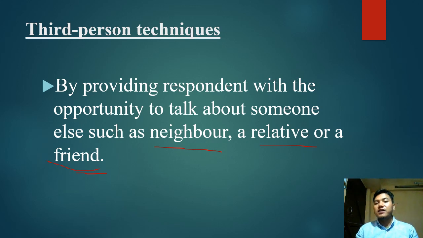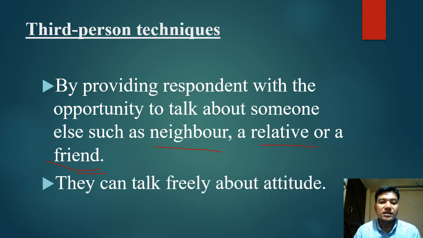Here, the psychologist will ask the respondent about his neighbor or his friends or his relatives, what the situation is going on about them. They can talk freely about attitude here.